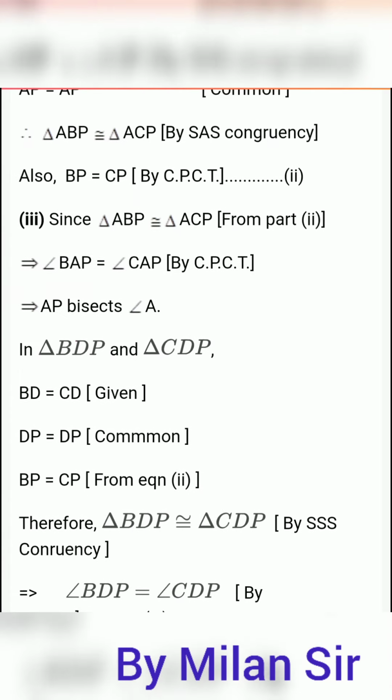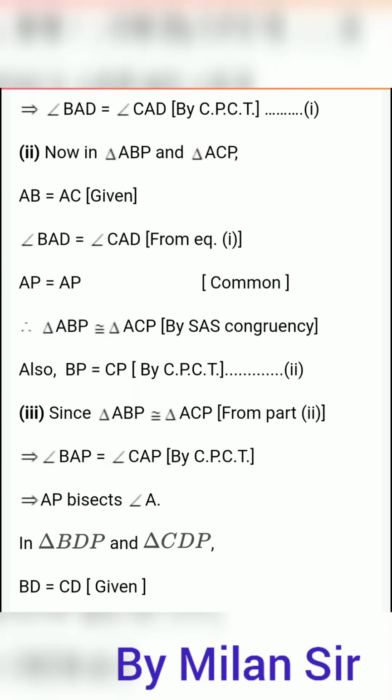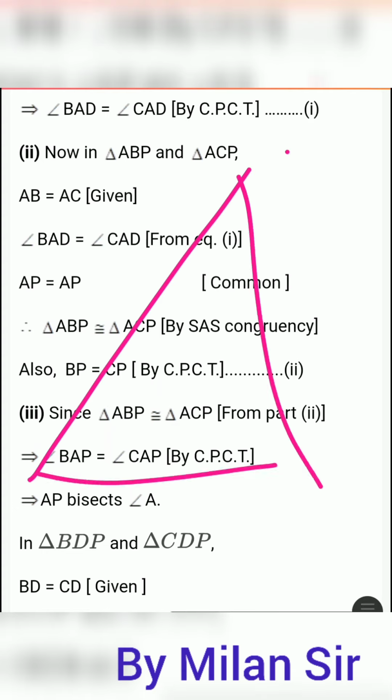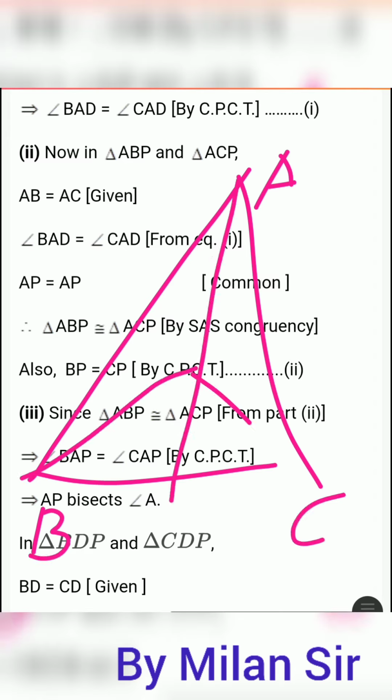In the third question what we need to prove is that AP bisects angle A as well as angle D. So here ABC, now here D, here P. We already proved in question number 1 these two angles are same, so AP bisects angle A. Now we need to prove for the angle D. In this triangle these two sides are same, because it is an isosceles triangle, that we already proved in question number 2, and this is a common side.